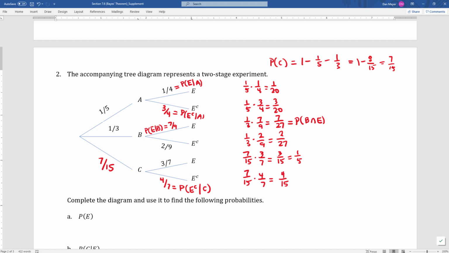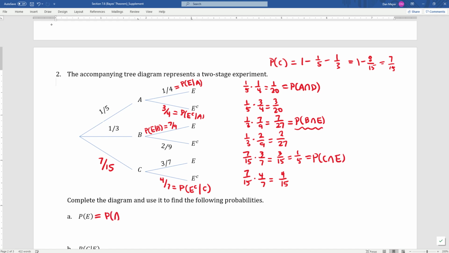All right, so in part A here, when we want to find the probability of E, well, E happens three ways. We got B and E right here, A and E is the very top path, and then C and E would be this value right here. So since we have a partition of our first stage, we kind of have a partition of the E event.